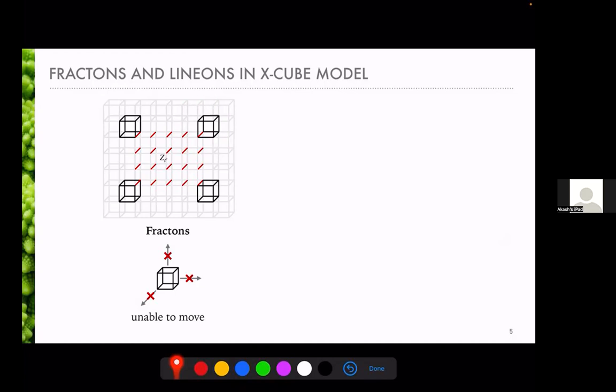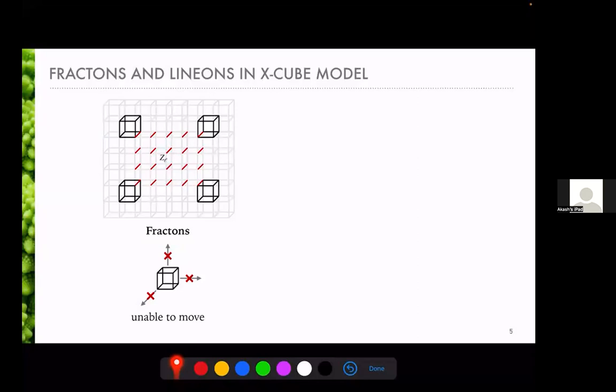Now the interesting thing about this is that once you create this cube here, there are no local operators in the theory which you can use to move this fracton by itself. For instance, if you were to create a Z excitation exactly here, this will annihilate this cube here, but will create 3 more cubes at these places. And similarly, you can keep going.